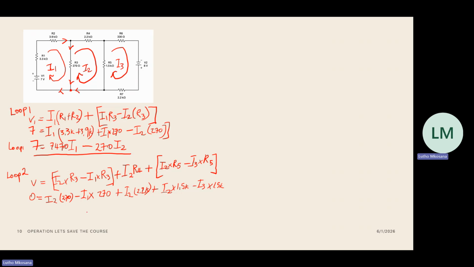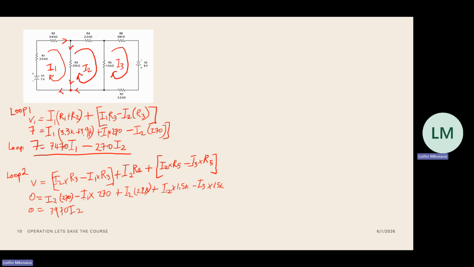So we add our like terms. How many I2s? We're going to add 270, add 2.2, add 1.5. So for that, we are going to have 3.970 I2.